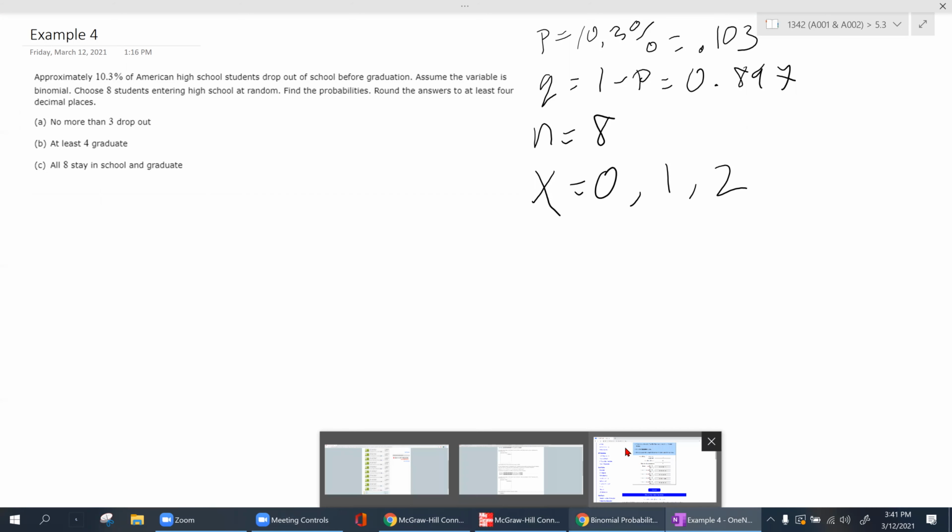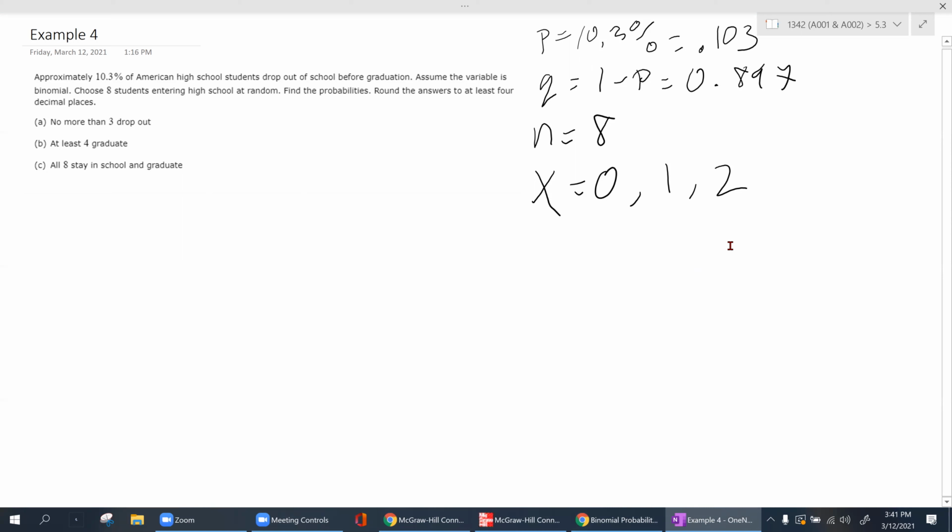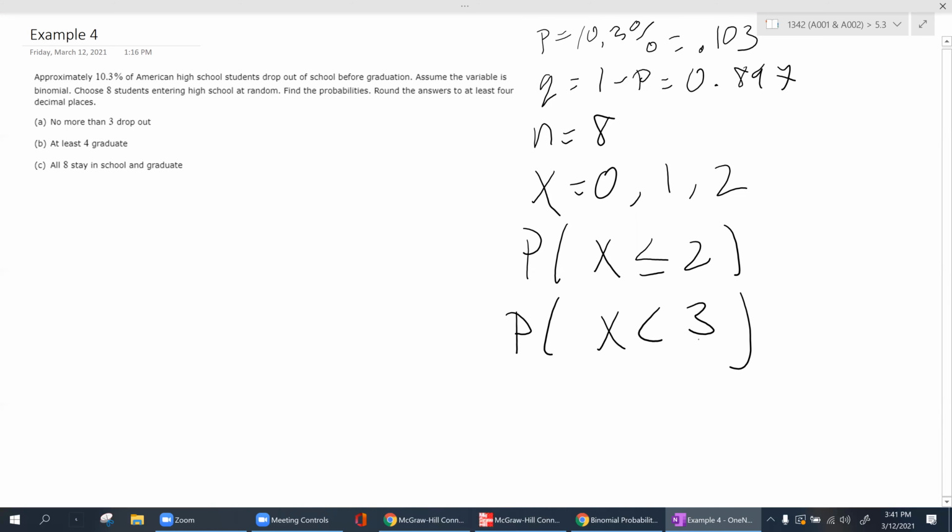How would you write this for the calculator? This would be P of x, with x less than or equal to 2. Another one would be x is less than 3. So that's what I would go ahead and plug in.